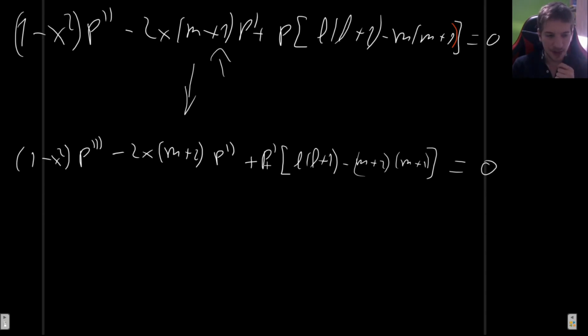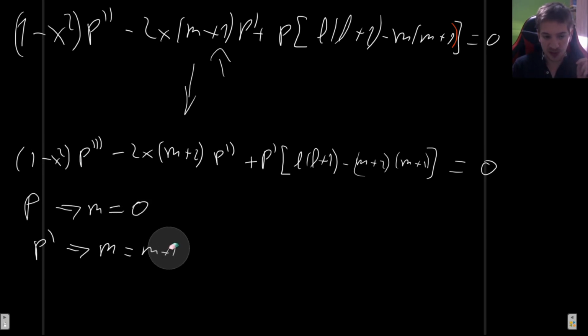What does that mean? That means that if p is the solution for m, for some m, in this case we know it's the solution for m equals 0, then p prime is the solution for m equals that other m plus 1, but since we know it's 0, p prime is going to be the solution for m equals 1.